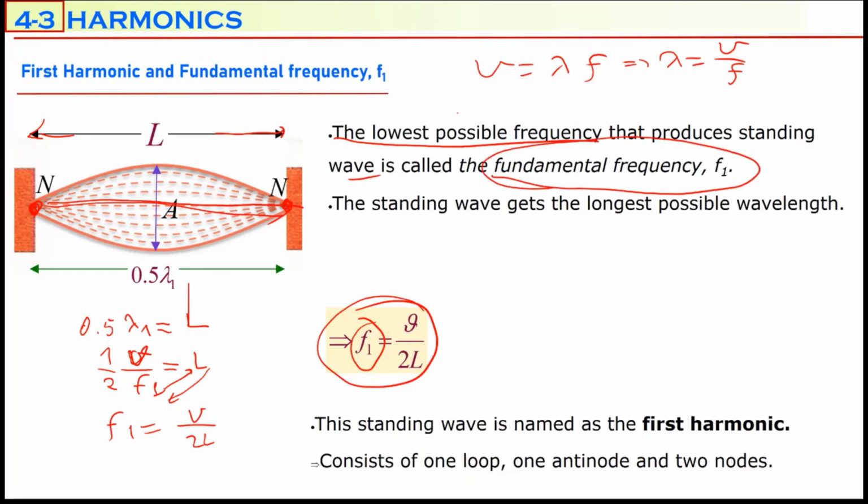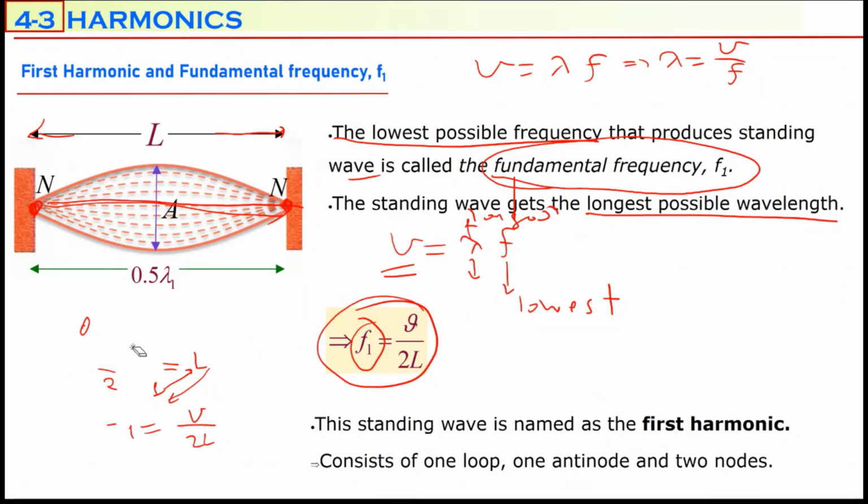If the frequency is the lowest, according to the equation of speed of a wave, lambda times f, the wavelength must be the longest, because v is constant. So that's why at the first harmonic, the standing wave gets its longest possible wavelength. The longest possible wavelength will be in the first order standing wave, or the first harmonic.